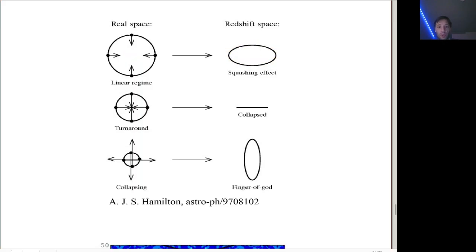You have then, of course, the regime in which the Hubble flow is going to be equal to the infall flow for this direction, and then the infall flow for the other direction, and in the redshift space those locations look like collapsed in a line.